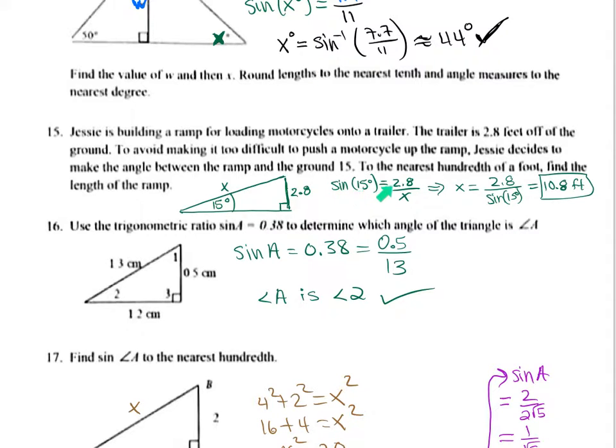The sine of 15 is equal to opposite over hypotenuse, which is 2.8 over X. We will multiply by X and, at the same time, divide by sine 15. So X would be 2.8 divided by sine 15, and then your calculator gives you 10.8 feet.